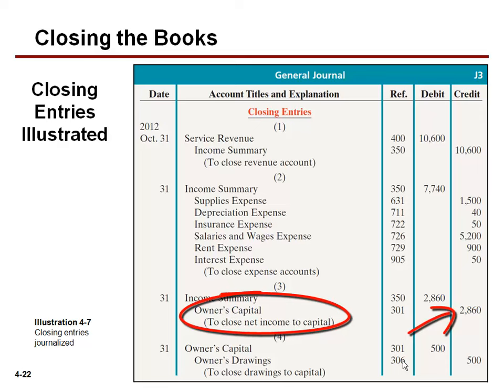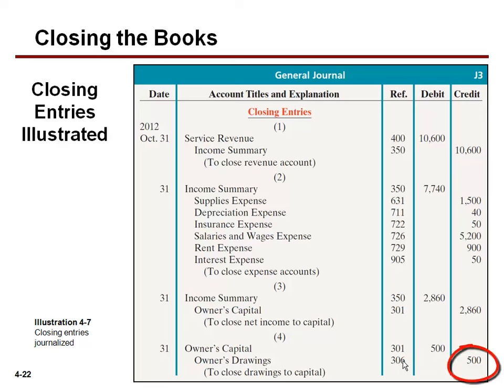The last closing entry, looking at a balance in the owner's drawing account, has a debit balance of $500. We'll make the opposite entry. We'll credit the owner's drawing account, $500, and debit the owner's capital account, $500. As you can see, the only surviving account here in the owner's equity area, that is a permanent account, will be the owner's capital account.